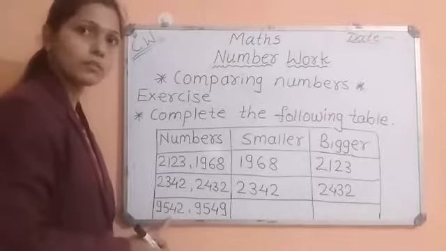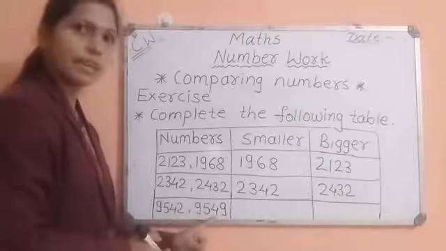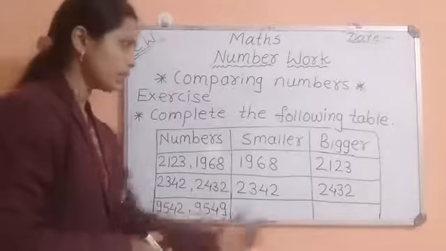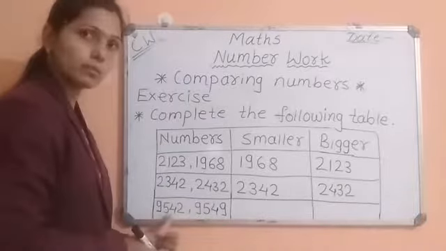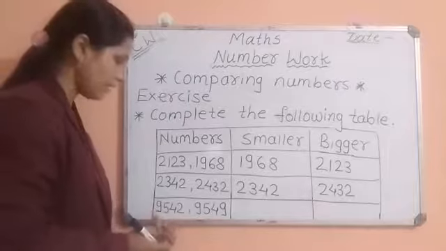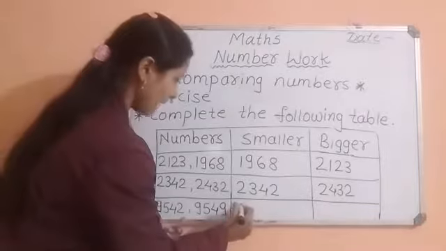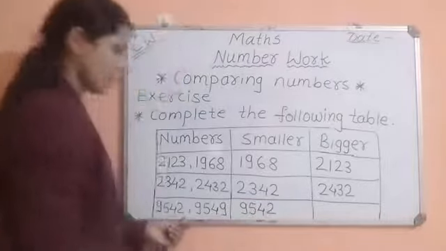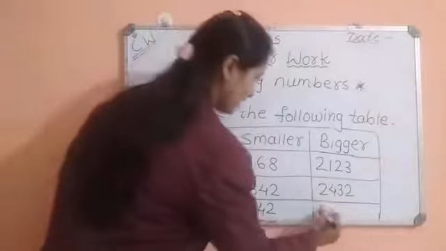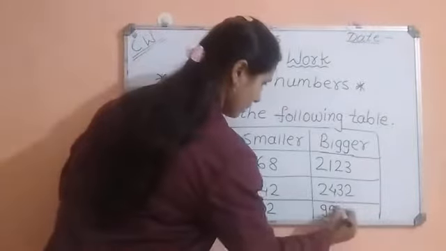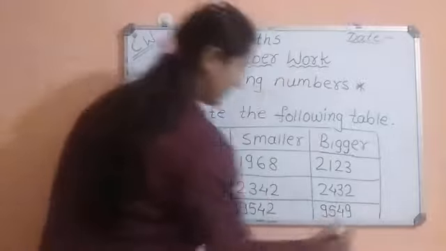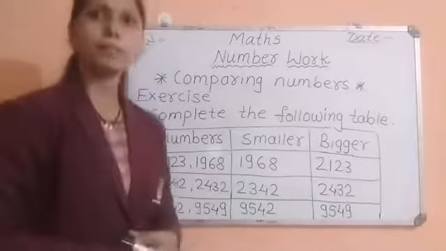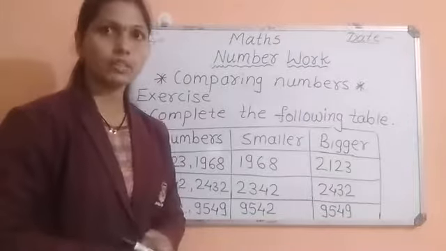Second or first? Correct. The second number has greater units. That's why this second number is the bigger number and first, 2 is smaller than 9. That's why this number is smaller one. So 9542 is the smaller number and 9549 is the bigger number.